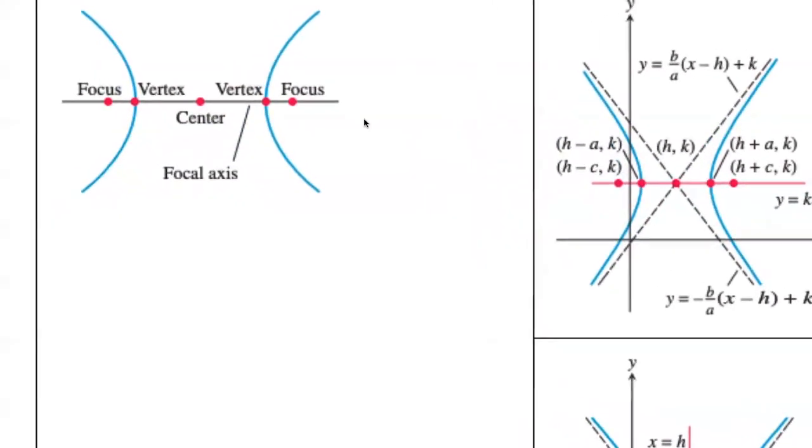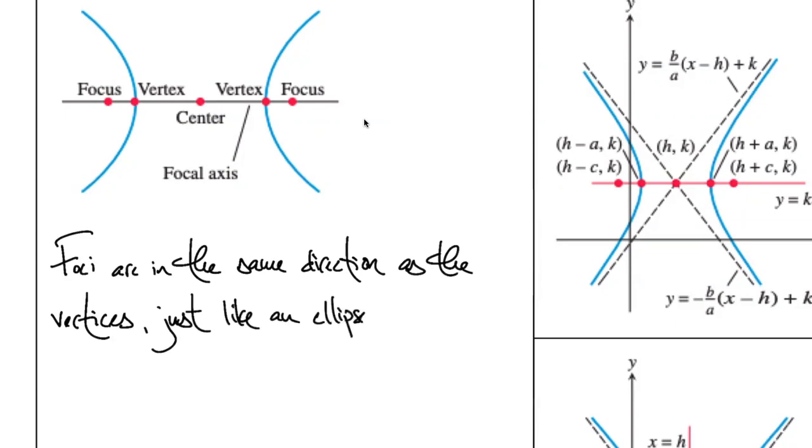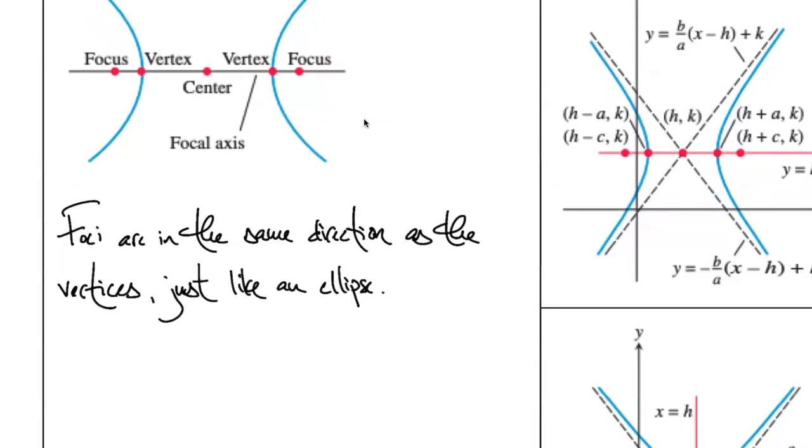But a note I want us to make for ourselves is that foci are in the same direction as the vertices, okay, just like an ellipse. All right.